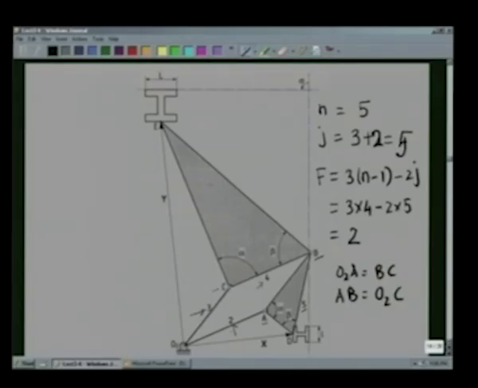Not only that, the triangle ABD and the triangle BCE are similar, as indicated that this angle alpha is same as this angle alpha, and this angle beta is same as this angle beta. So, these two triangles, namely BCE and ABD, are similar.